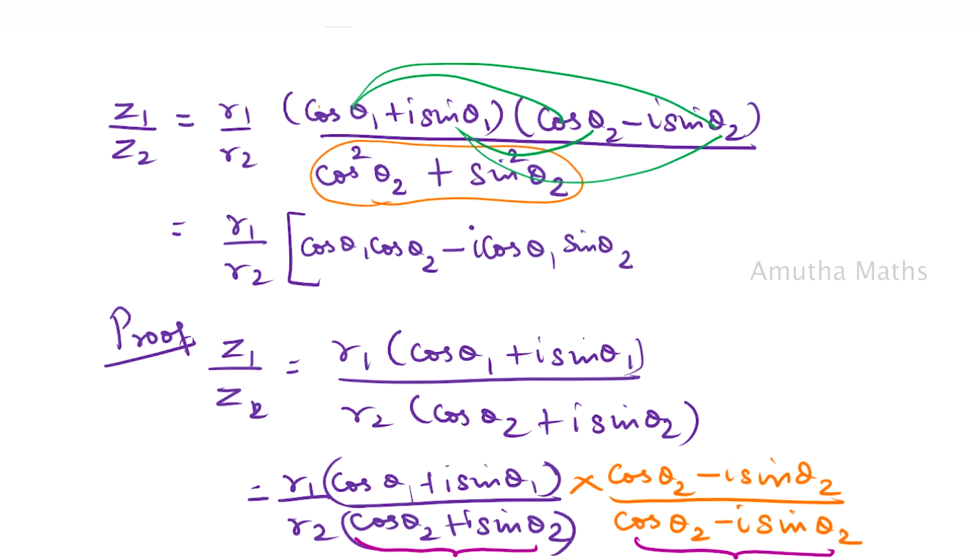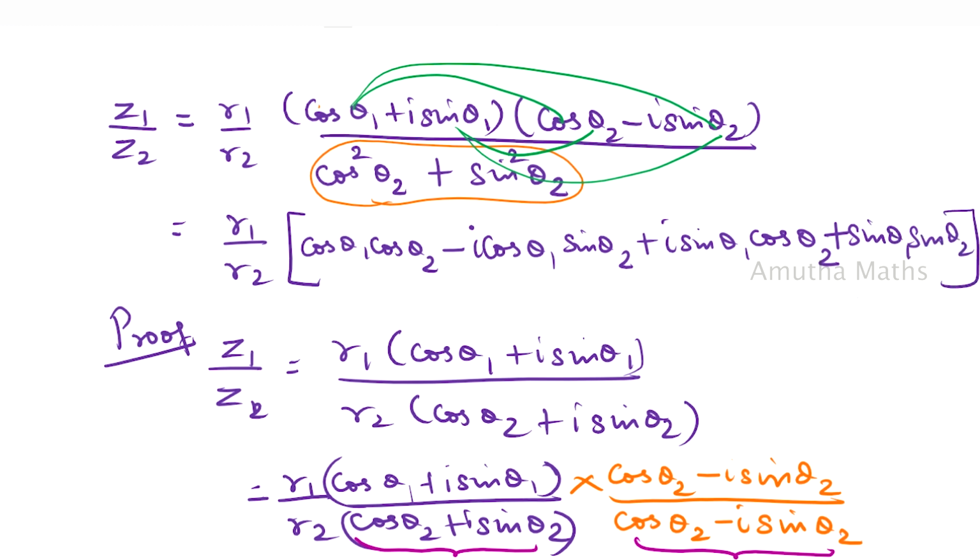Plus I sin theta 1 cos theta 2. Then plus, minus into minus, here I square, so I square is minus 1, so plus sin theta 1 sin theta 2.